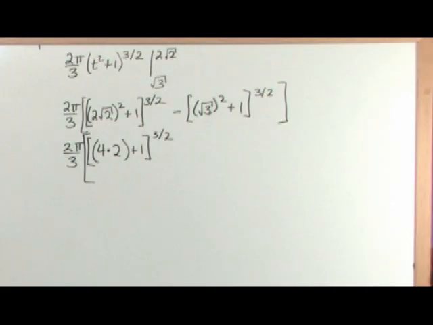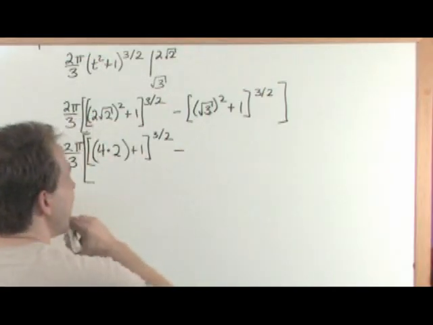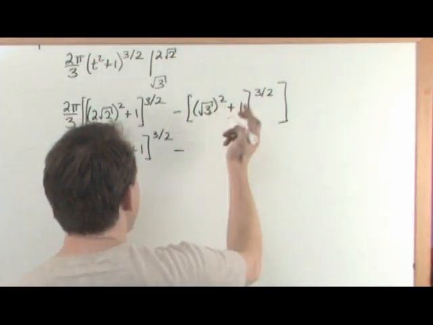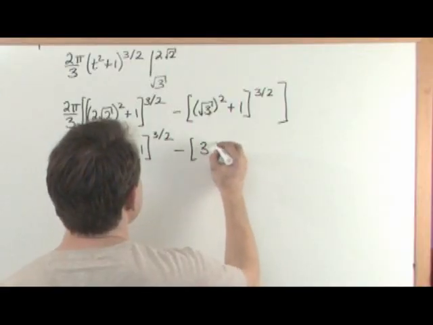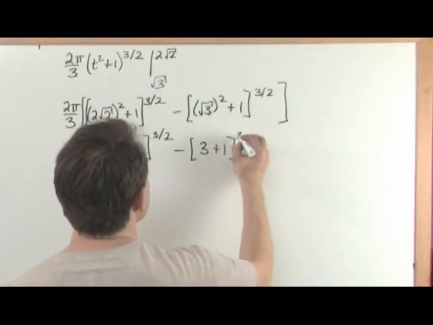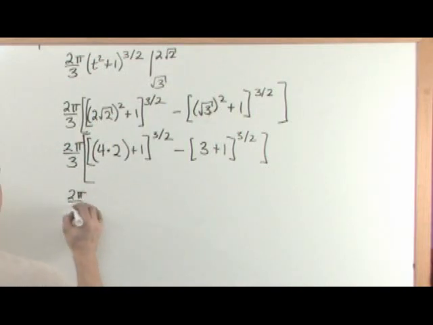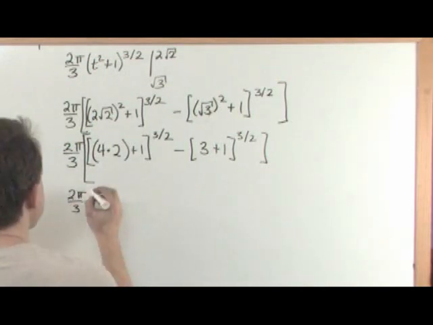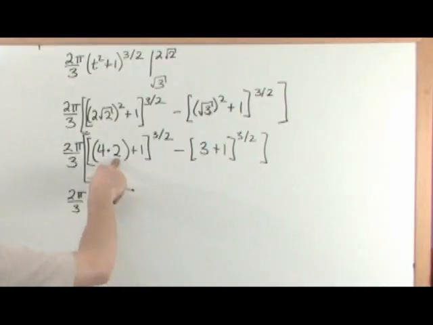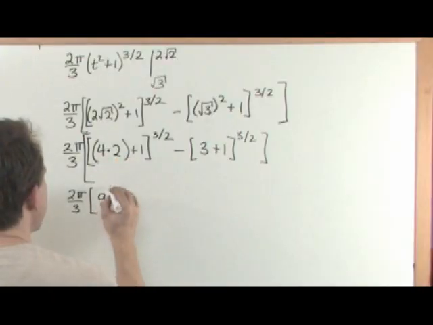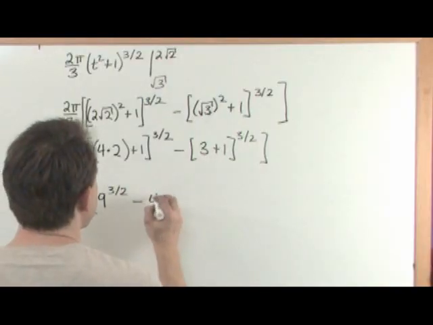I've got a lot of brackets going, okay? And then I'm going to be subtracting off square root of 3 squared, which is obviously going to be 3, plus 1 to the 3 halves, like this, okay? So it's going to be 2 pi over 3, and on the inside what I'm going to have, 4 times 2 is 8, plus 1 is 9, so it's 9 to the 3 halves minus 4 to the 3 halves.